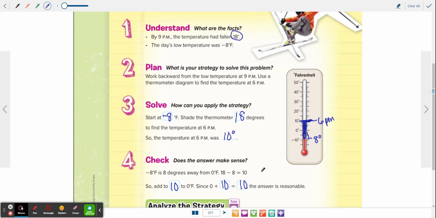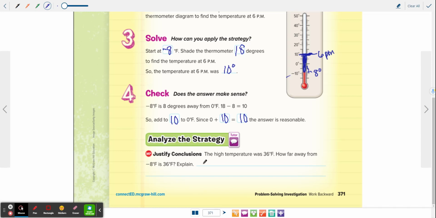Okay? So that's how we did that. We add 8 degrees here, 10 more here. That gets us 10 degrees. All right. So that's working backwards.